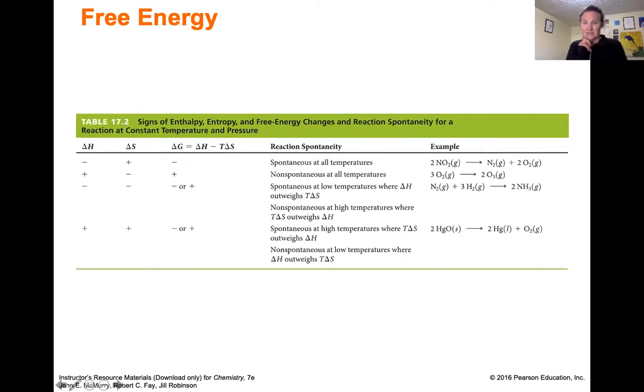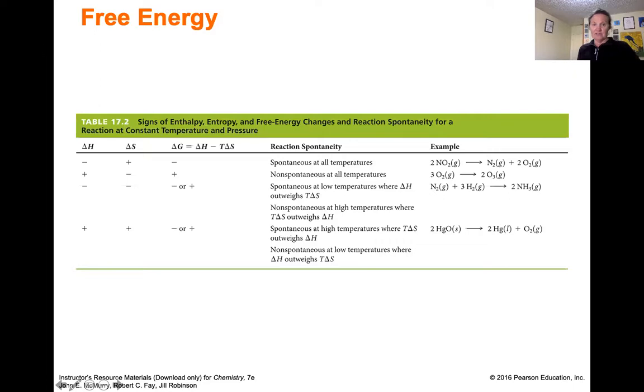This is now just showing you why, like at the beginning when we said when water melts, it's spontaneous if you're above a certain temperature. So if you melt ice, it has a positive delta H. So I think it's the second line.